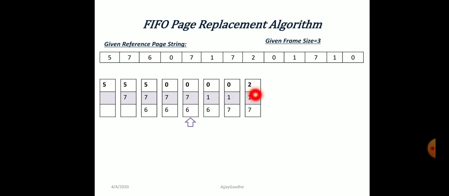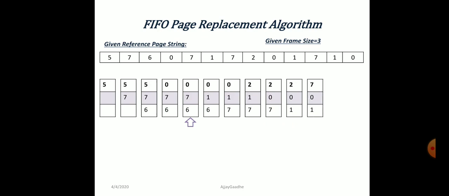Out of 2, 1, 7, 1 is the oldest page, so it is replaced with the new page, and the instance is 2, 0, 7. Next page is 1. It is not in the main memory, again a page fault. Out of 2, 0, 7, 7 is the oldest page, so 7 is replaced with the new page 1.